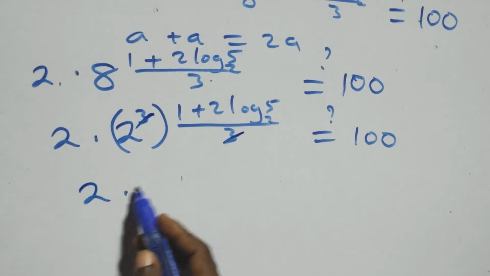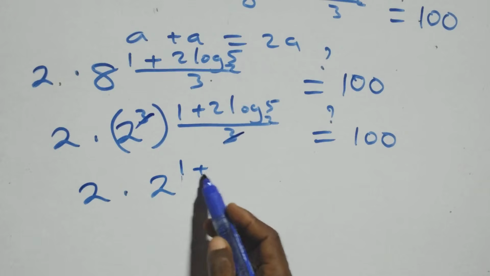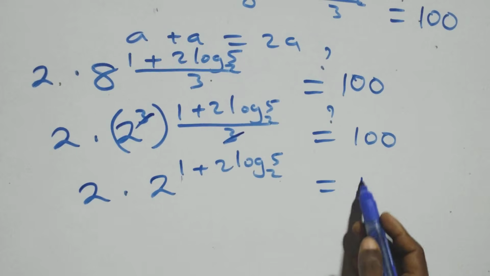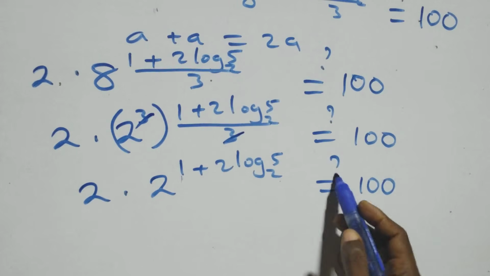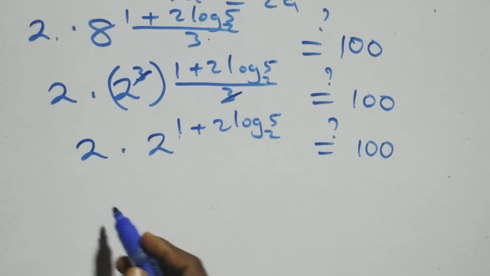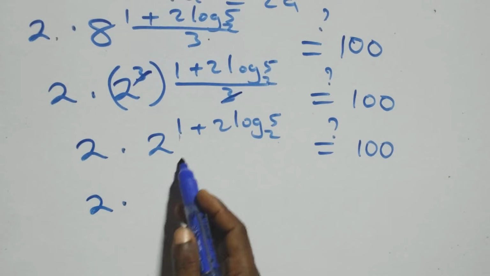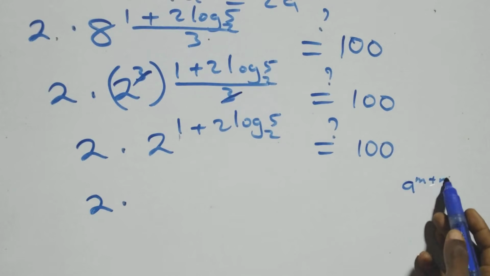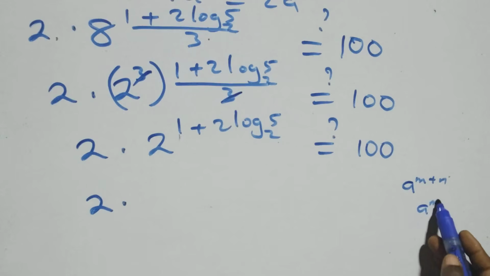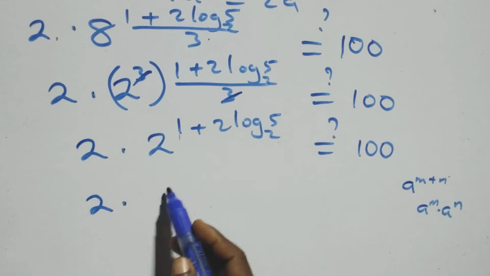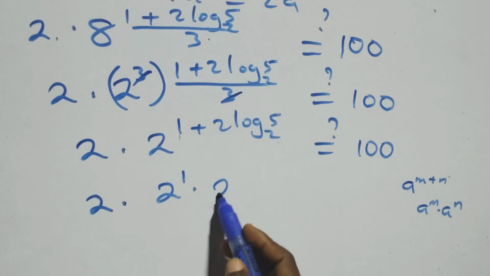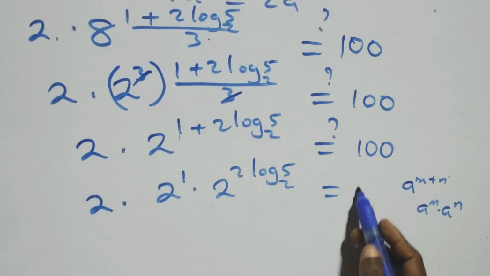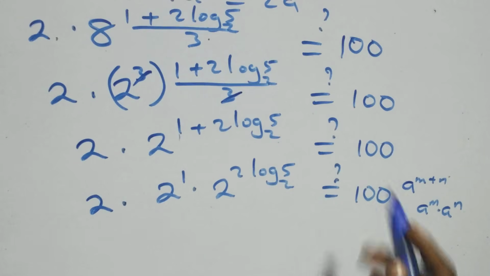We have 2 times 2 raised to power 1 plus 2 log 5 base 2 equals 100. Apply the law that a raised to power m plus n is the same thing as a raised to power m times a raised to power n. And here we have 2 raised to power 1 times 2 raised to power 2 log 5 base 2 equals 100 on this side.